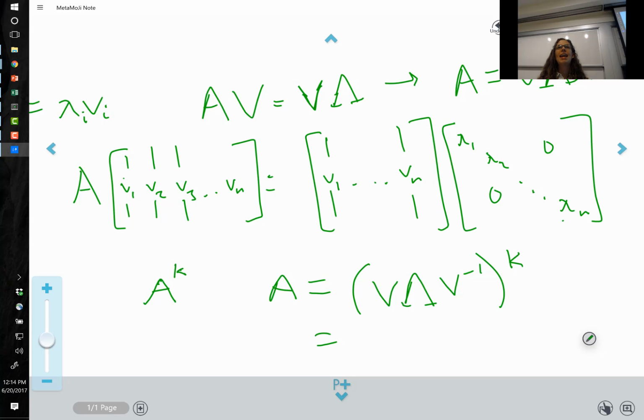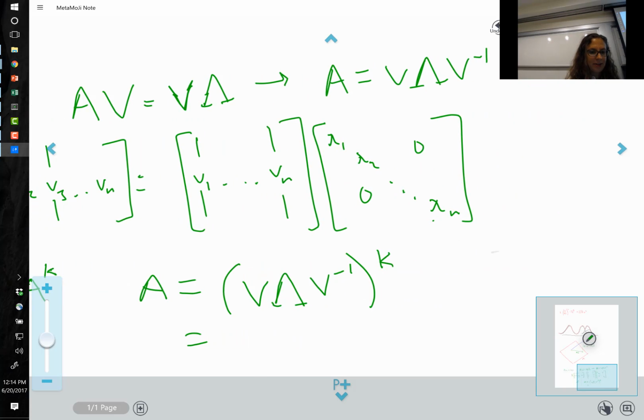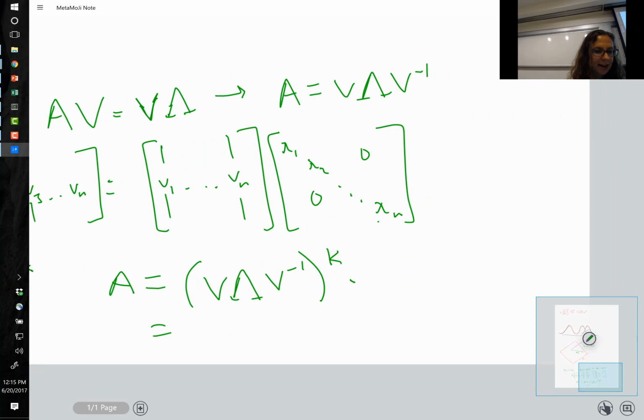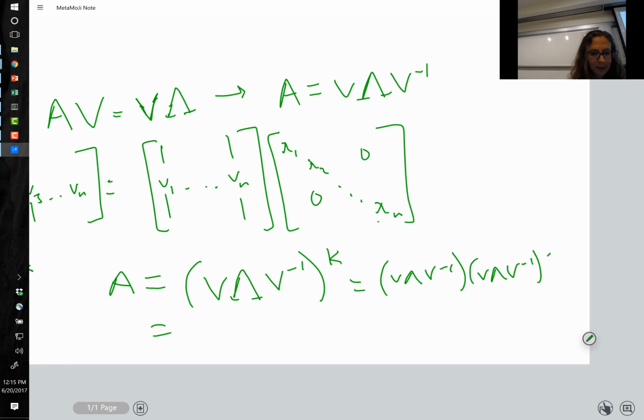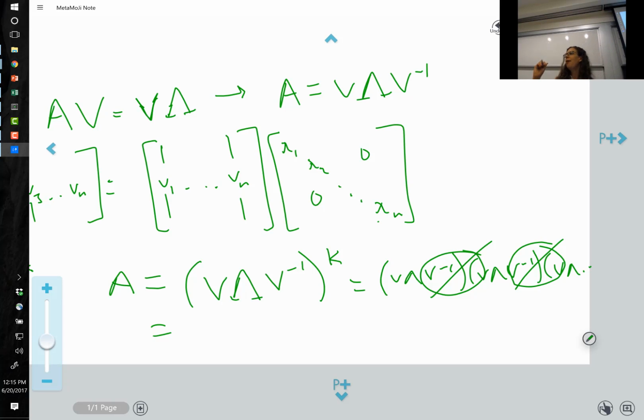Exactly. That is V lambda to the k, V inverse. If you write these out a bunch of times, you get V lambda V inverse times V lambda V inverse times V lambda, and so on. The V inverse times V pairs cancel out, and you end up with V lambda to the k V inverse.